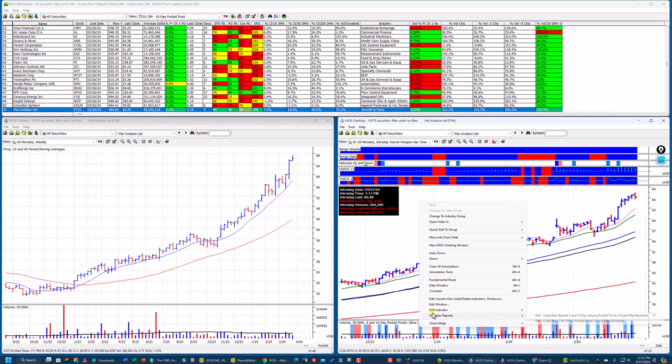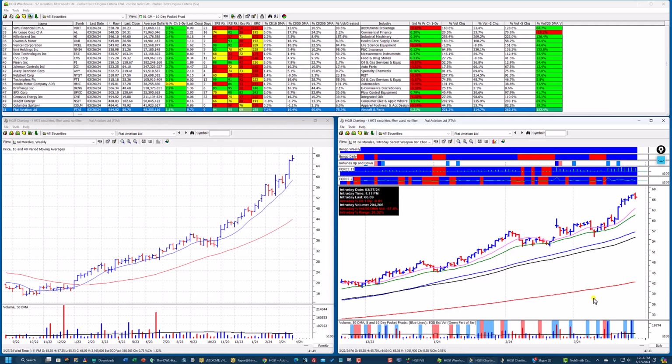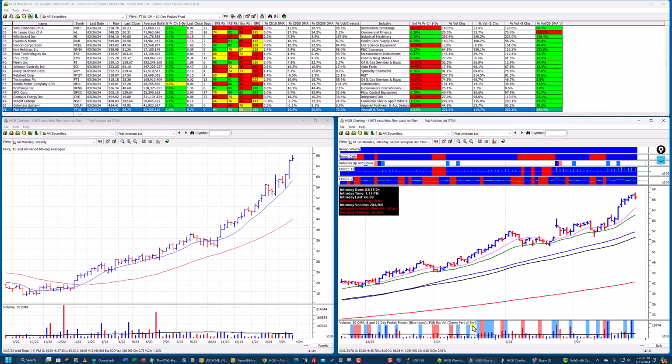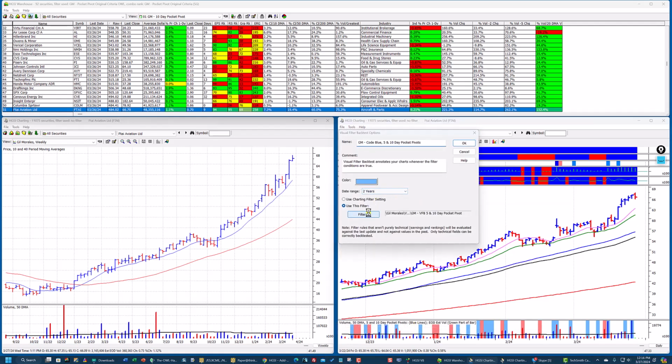In the chart, I'm going to edit the indicator. Let's move this up here. Had to get my recorder out of the way. Edit the indicator, and I'm going to code blue the filter.